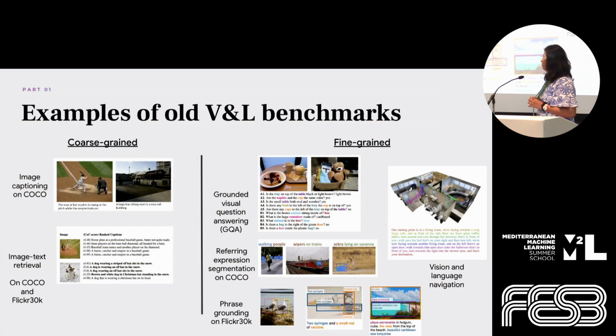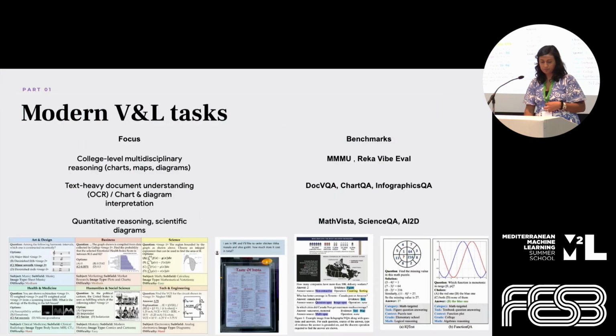These are harder tasks, but compared to what we will see next, it's still quite simple. Basically because these tasks didn't cover most things which humans actually do, like reading documents, interpreting charts, reasoning over math problems, they were still kind of limited. And so this gap inspired the new generation of benchmarks that we'll see next.